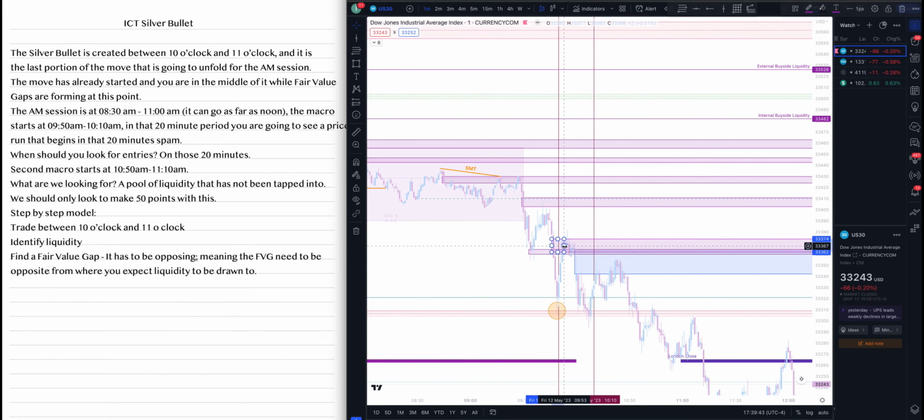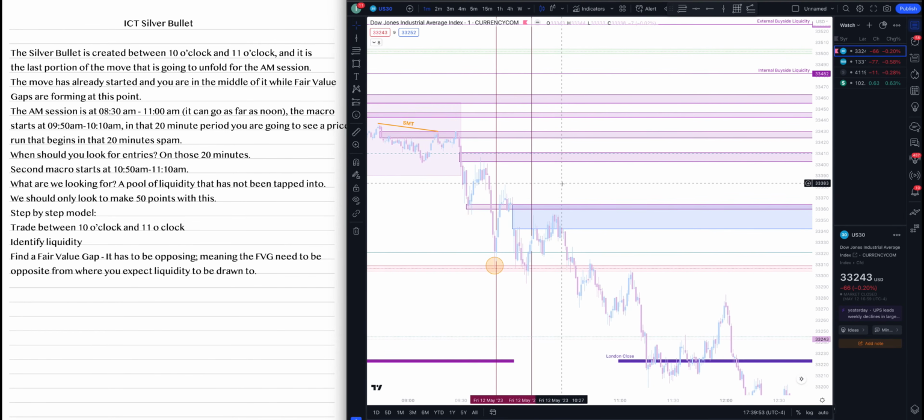However, I was more interested in the gap that we formed at that specific point. That to me could have replaced the fair value gap. The fair value gap needs to be opposed from where we expect liquidity. So if liquidity got taken by sell side, we're expecting price to do a really quick displacement to the upside, which it did. So when we created this gap, this can be considered our entry.